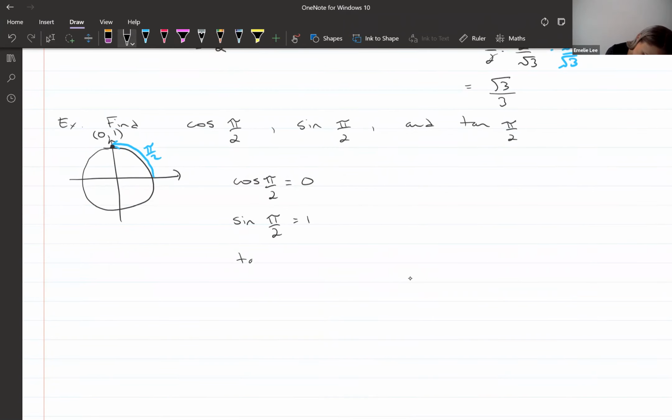And tan pi over 2 would be 1 over 0, right? Y over x. Tan of pi over 2 is undefined since we can't divide by 0.